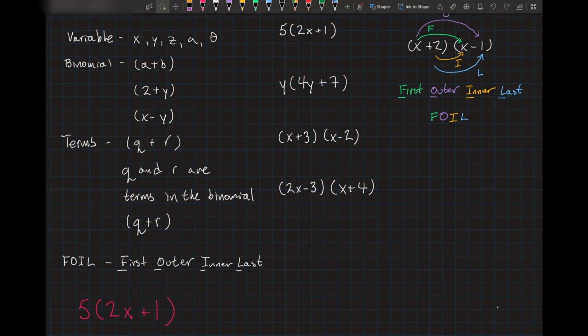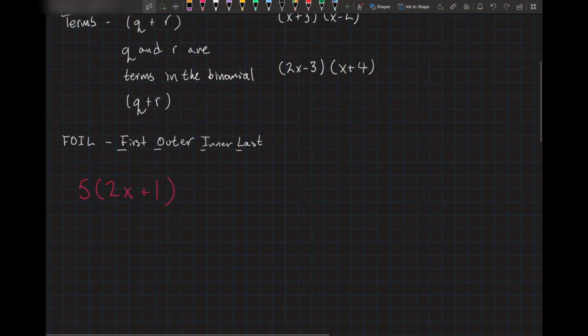Now, if you see something like 2x or 3a, those would be terms. So 2x would be a term, and 3a would be a term within the binomial. And then finally, we're going to talk about FOIL, which is a method we use to solve problems where we have to multiply two binomials together.